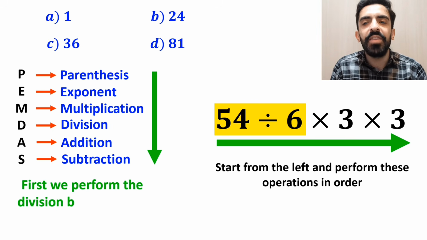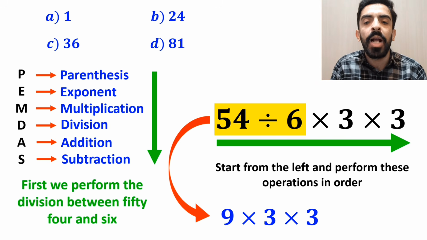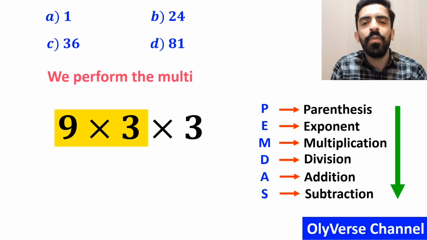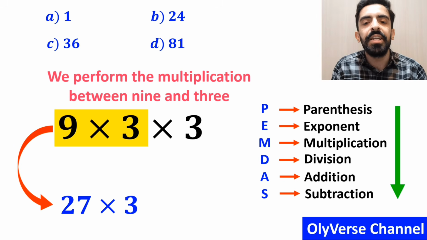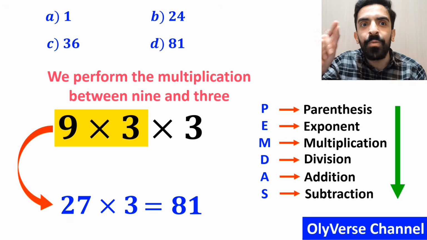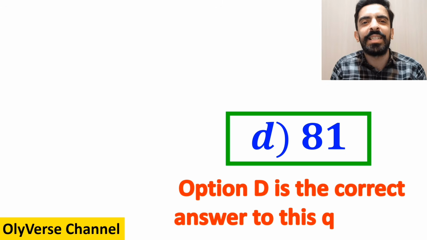So, first we perform the division between 54 and 6, which simplifies this expression to 9 multiplied by 3 and again multiplied by 3. And the next step, we perform the multiplication between 9 and 3, and instead of this expression, we can write 27 times 3, which finally gives us the answer 81. Therefore, option D is the correct answer to this question.